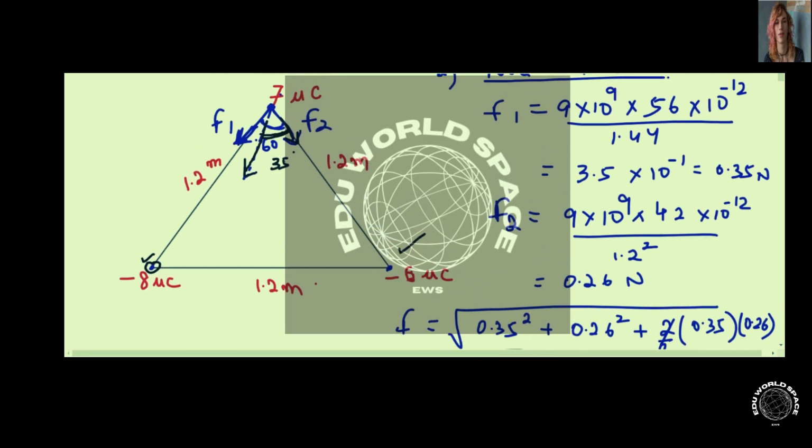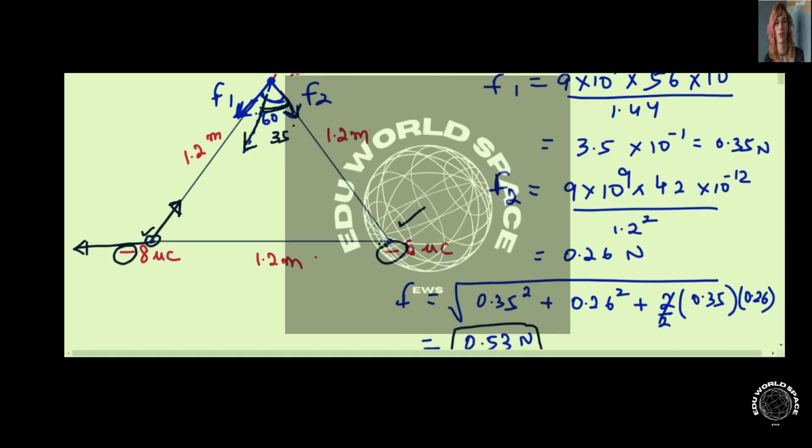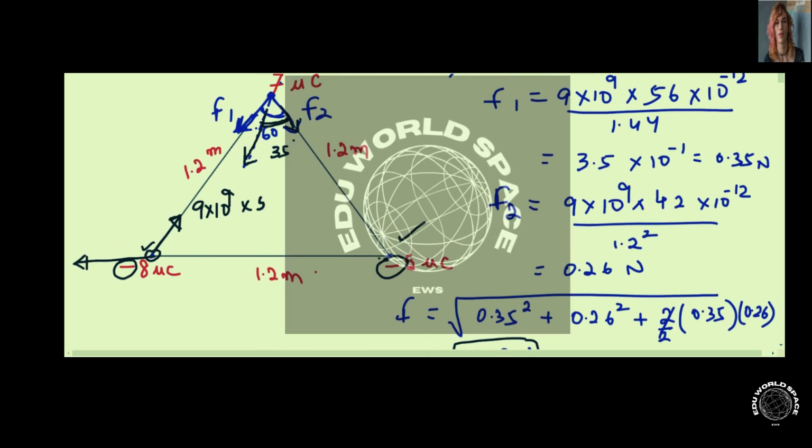So on minus 8, one force will be in this direction and one force will be in this direction because they both are like charges. So this force will be K Q1 Q2 over R square. So we are actually doing in terms of magnitude the same thing.